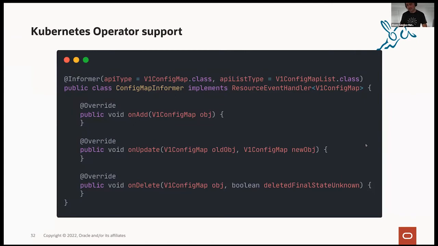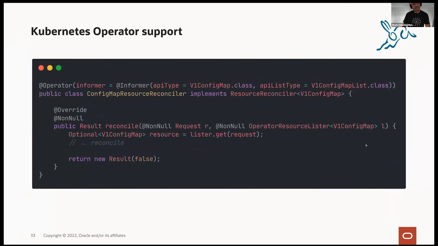For example, what I mentioned before about watching for config map changes is internally implemented as an informer. It's really easy, it's annotation based, and we take care of all the wiring under the covers. The other facility is a reconciler for more complex scenarios, where you not only watch for changes, but also have to implement a reconciliation algorithm.